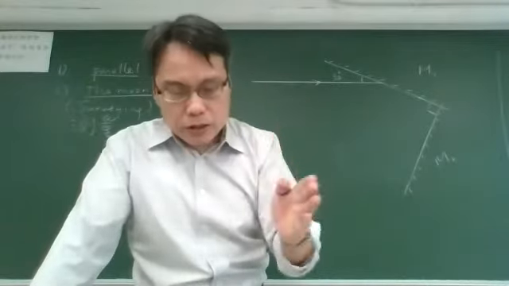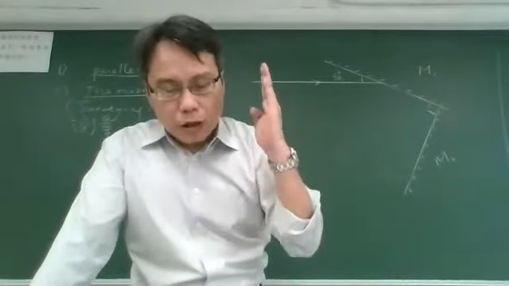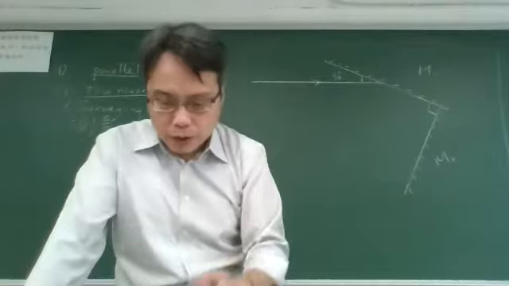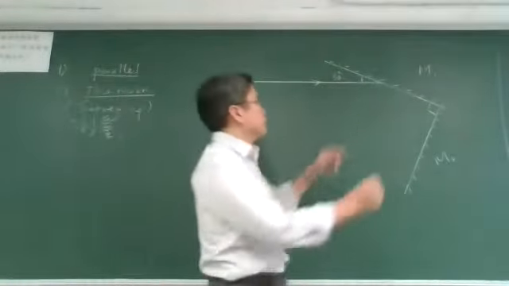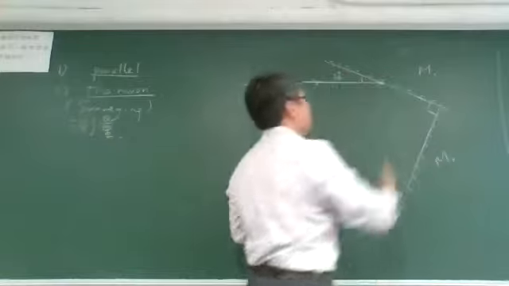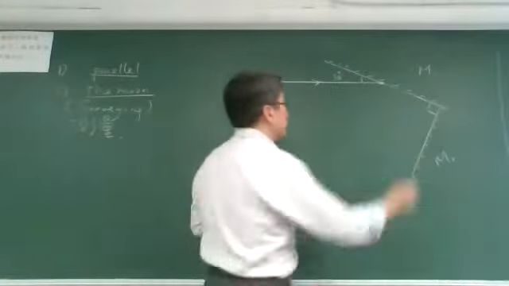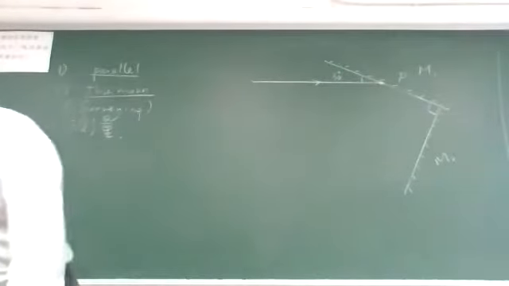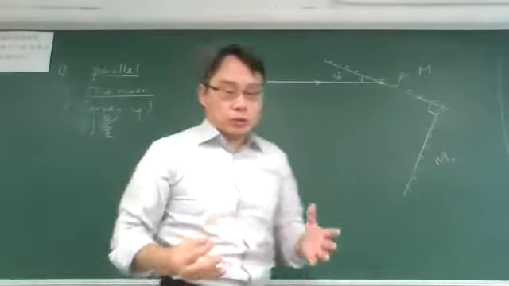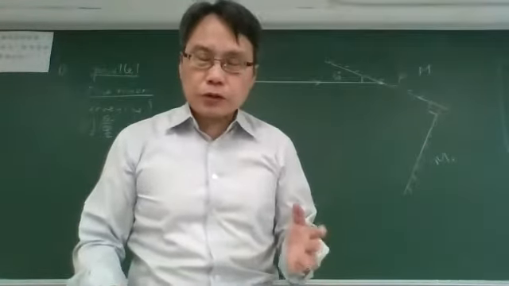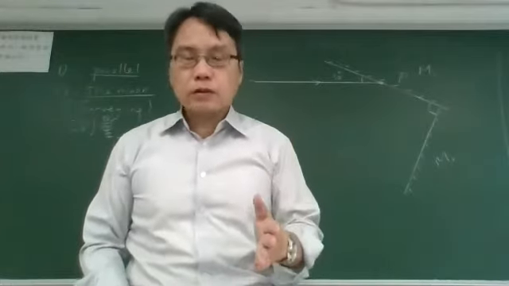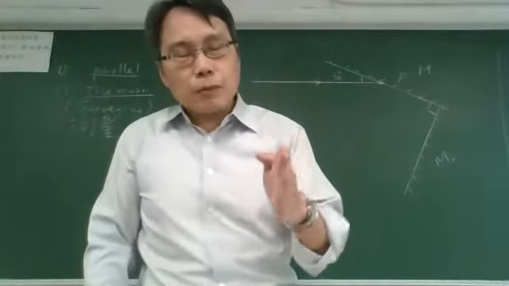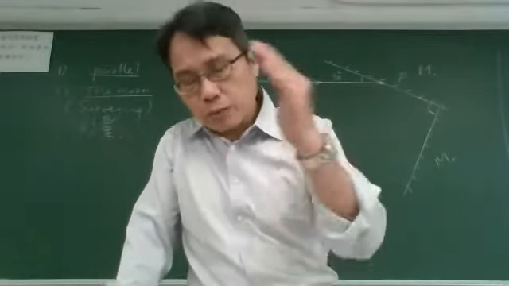So first of all, what is the angle of incidence of the light ray at mirror 1, the first mirror, at this point? I'll call this point P, for example. What should we do? We will follow the definition of angle of incidence, whereby we need to draw a line starting from the point of contact of the light ray to the mirror.